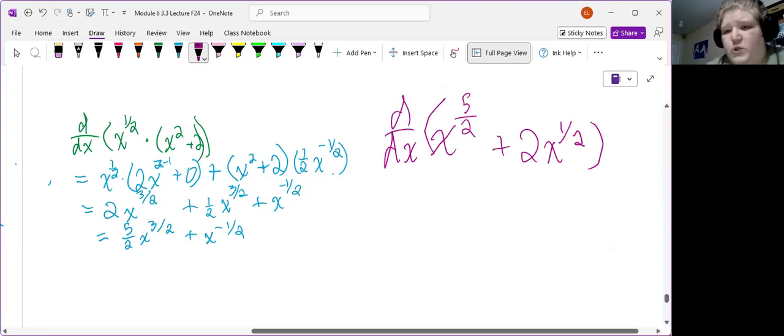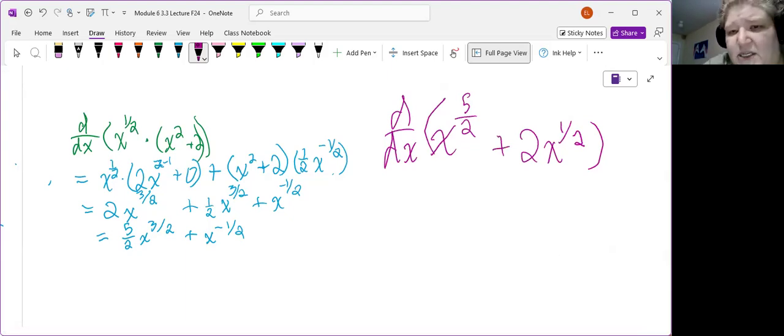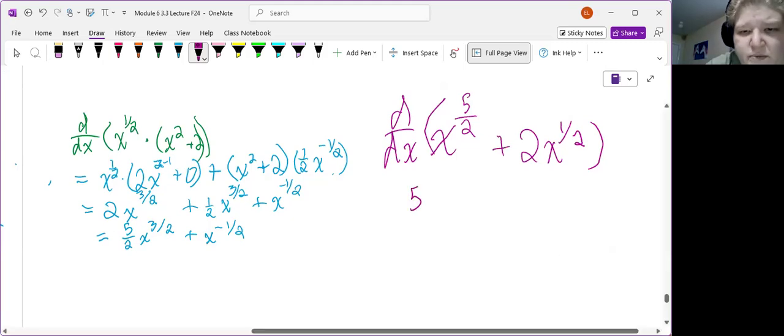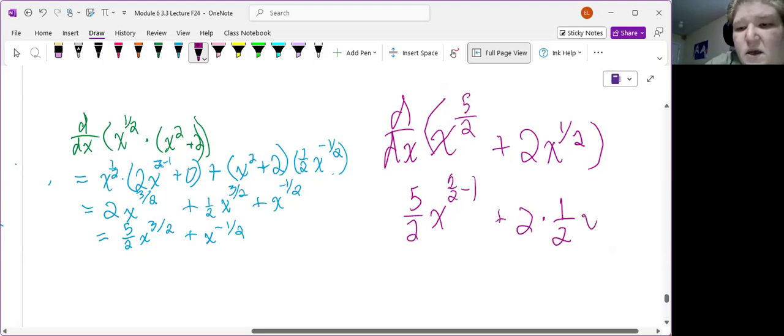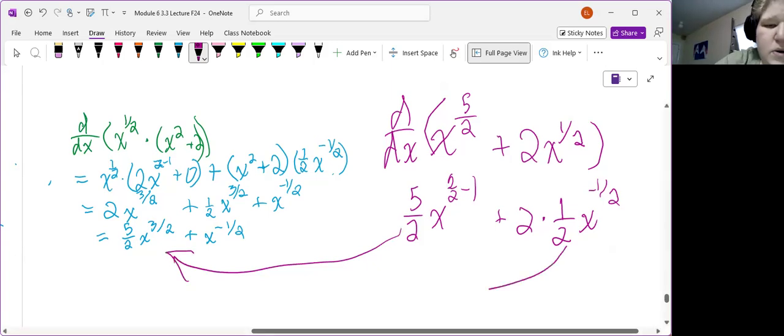We're just doing the power rule twice. So x to the 5/2, bring the power down. 5/2 x to the 5/2 minus 1, which will be 3/2, plus 2 times the 1/2 comes down, and then x to the 1/2 minus 1 is negative 1/2. And now take a look at what we had. A little simplification, and it is the same thing.